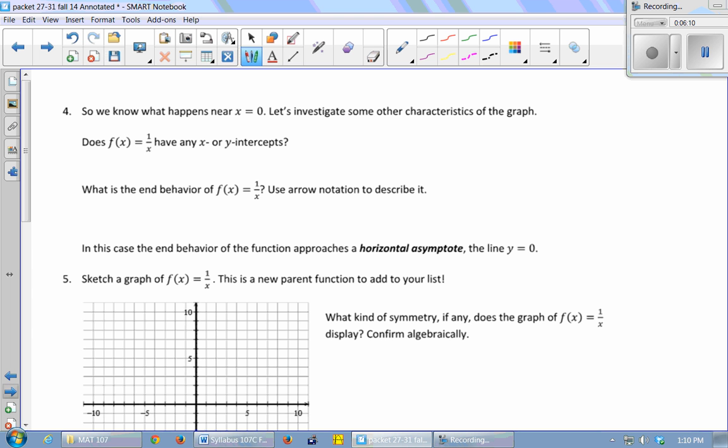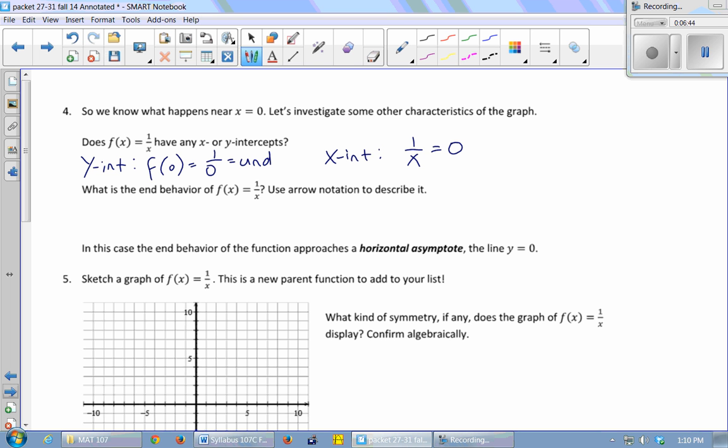No, neither, right? Because to find a y-intercept, you evaluate f of 0. You plug 0 in, right? Which is 1 over 0, which is undefined. So it doesn't ever touch the y-axis. And to find an x-intercept, you set the function equal to 0. Is there any x value that would make 1 divided by it equal 0?